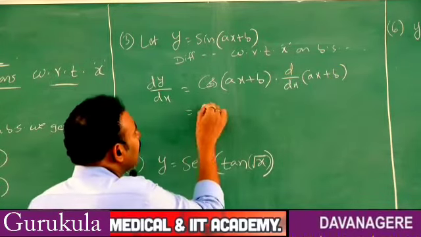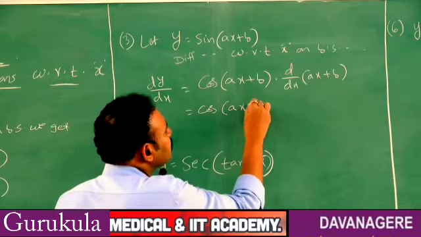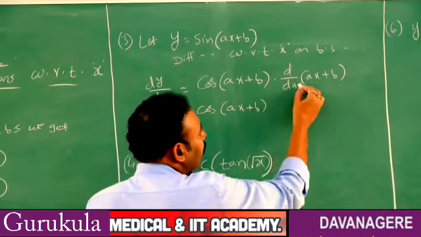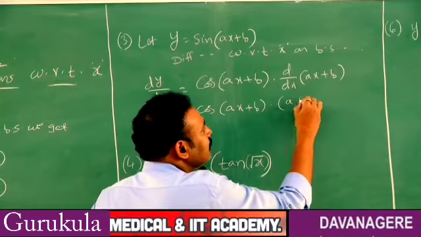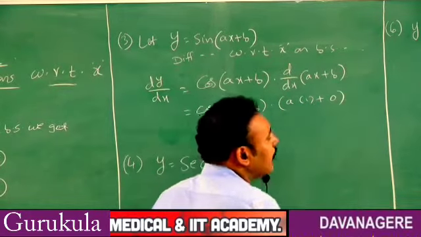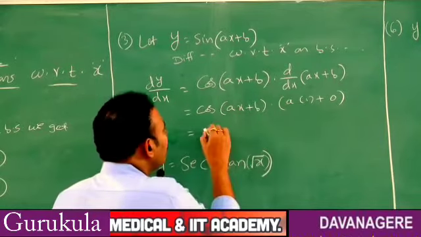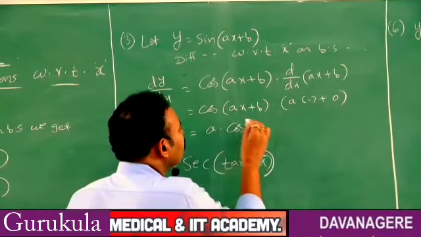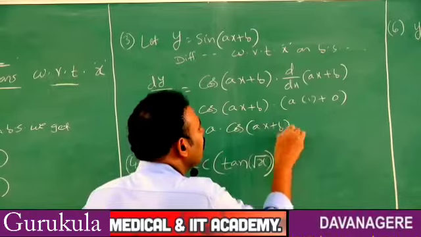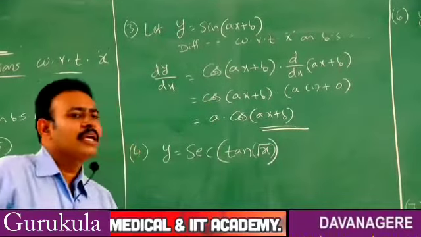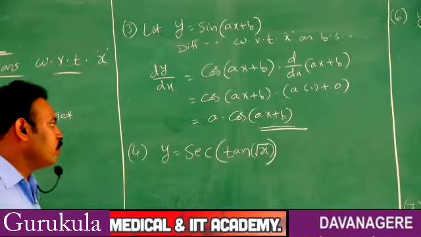That is cos of (ax plus b) into derivative of ax is a, derivative of b constant is 0. That is equal to a into cos of (ax plus b).